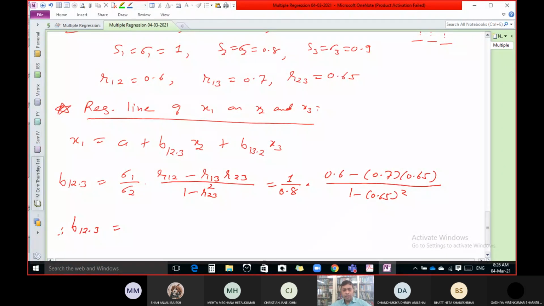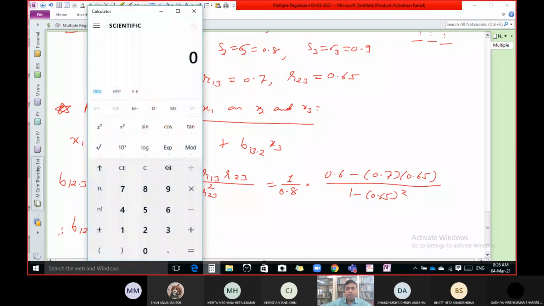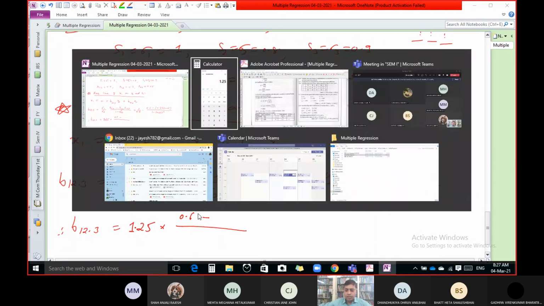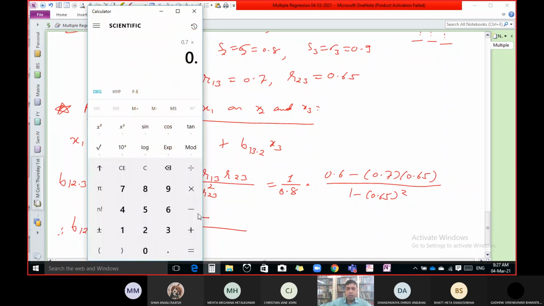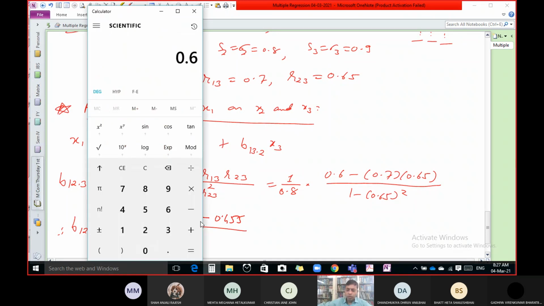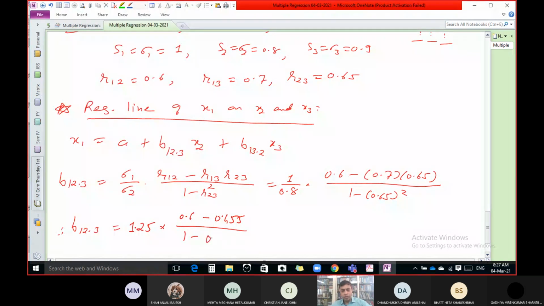1 divided by 0.8 is 1.25. So this is 1.25 into, now this is 0.6 minus 0.7 into 0.65, that is 0.455, and this is 1 minus 0.65 into 0.65, that is 0.4225.